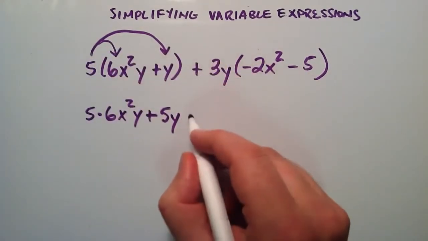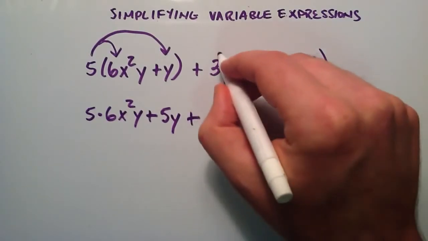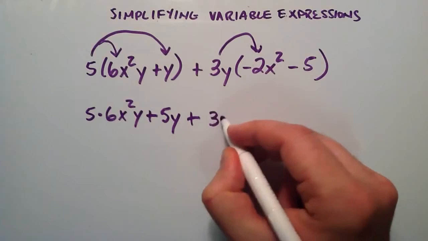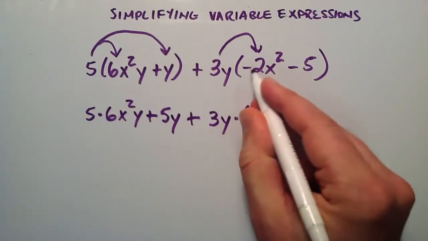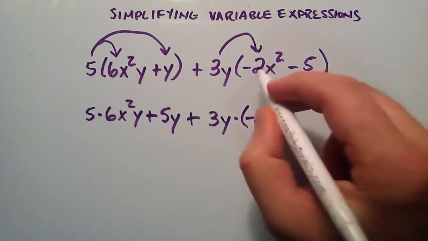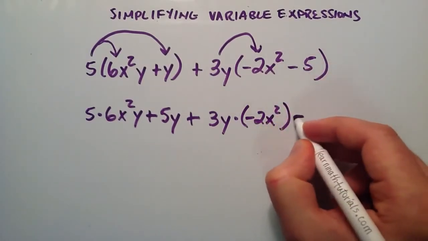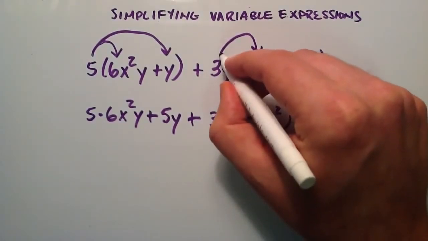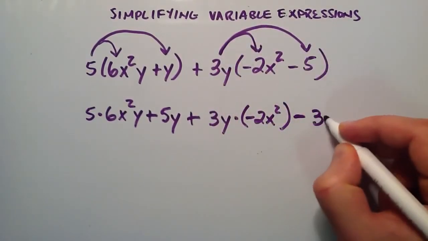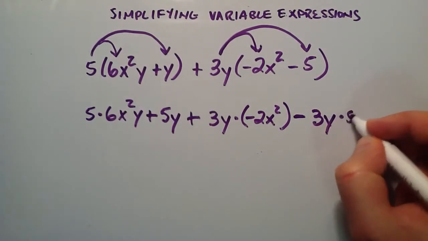So then we put the addition sign here and distribute 3y into the first term here. So this is 3y times negative 2x squared. And then we put our subtraction sign here, and then we distribute the 3y into the 5. So this becomes 3y times 5.